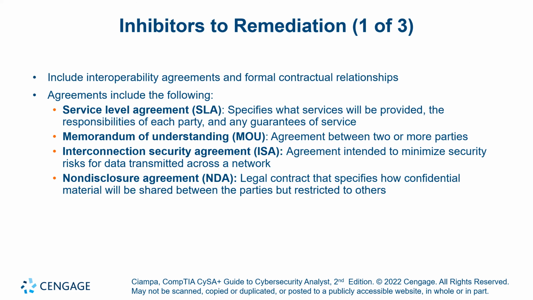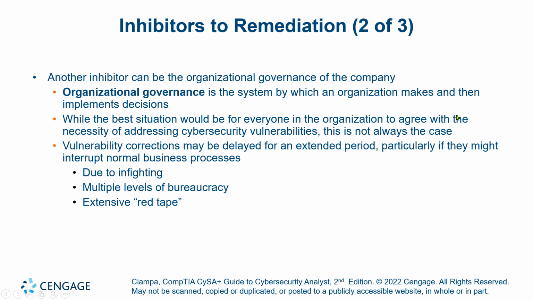Interconnection Security Agreement, or ISA: an agreement intended to minimize security risks for data transmitted across a network. Non-disclosure agreement, or NDA: a legal contract that specifies how confidential material will be shared between parties but restricted to others. Other inhibitors can be organizational governance for the company.